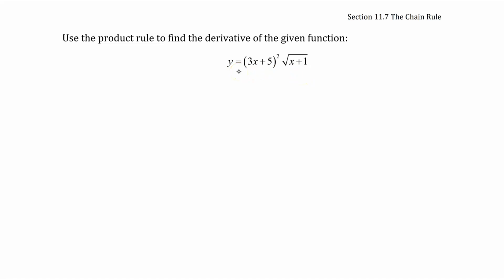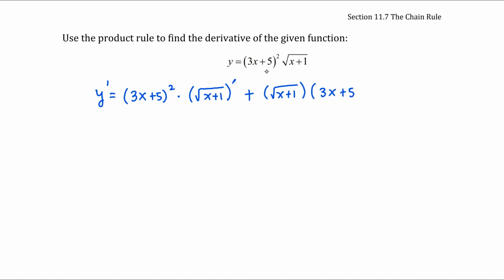So using the product rule, we have y prime equal to, copy the first, so that is (3x plus 5) squared times the derivative of the second, the derivative of (x plus 1) prime, plus, copy the second, square root of x plus 1 times the derivative of the first function, (3x plus 5) squared prime.